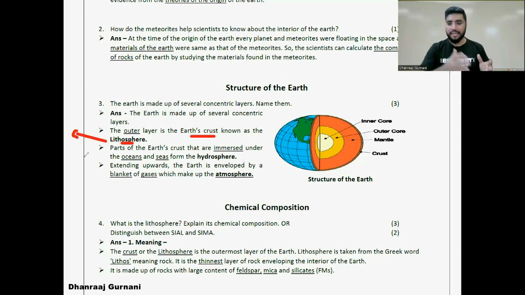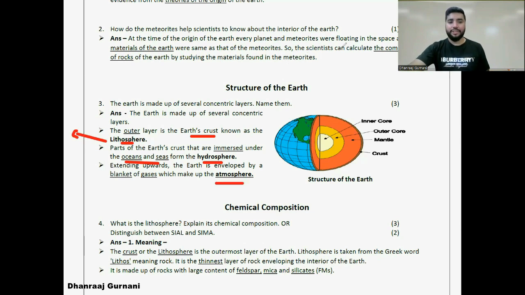So this is basically the land, the rock surface. The part of the earth's crust that is immersed under oceans and seas, that is underwater, the land which is under water, is called the hydrosphere, and extending upwards, the earth is enveloped, that is covered, by a blanket of gases which makes up the atmosphere.